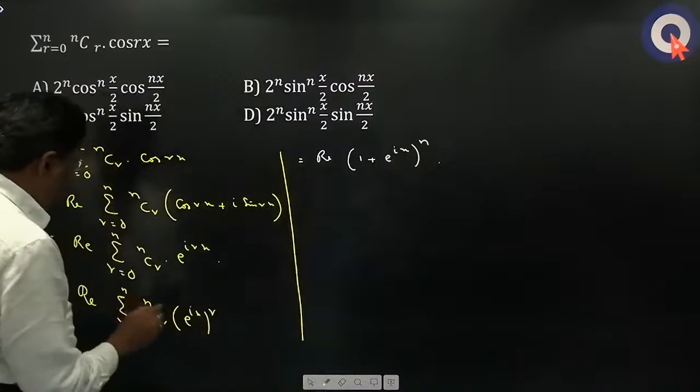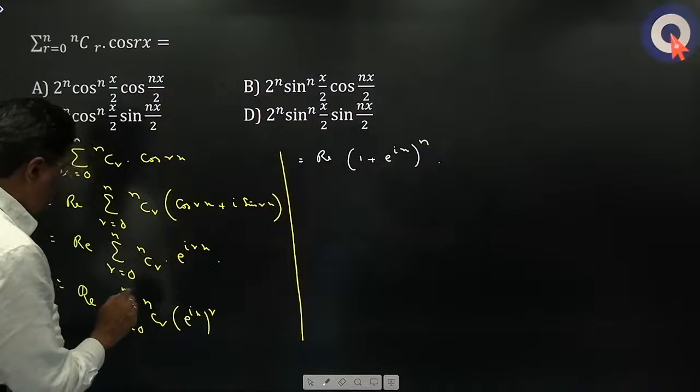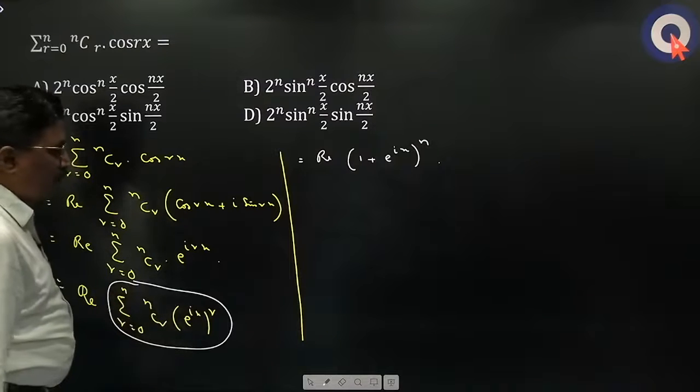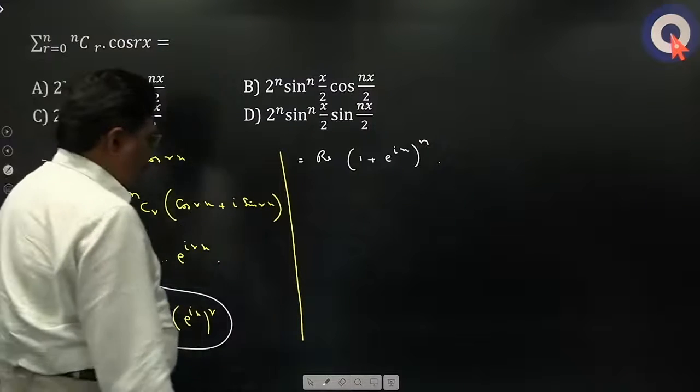Sigma nCr x to the power of r is (1 plus x) to the power n. So this becomes the expansion of (1 plus e^(ix)) to the power n.